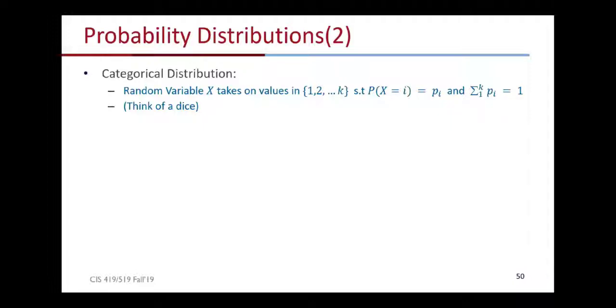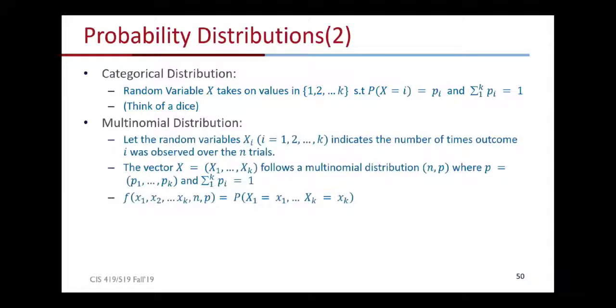A random variable takes k values, where the probability for the value i is p_i, and the sum of the p_i's is 1. If you have a die, you have k equals 6, and for a fair die, p_i is going to be 1/6. And the multinomial distribution is to categorical what binomial was to Bernoulli. So essentially, we're looking at sums of variables.